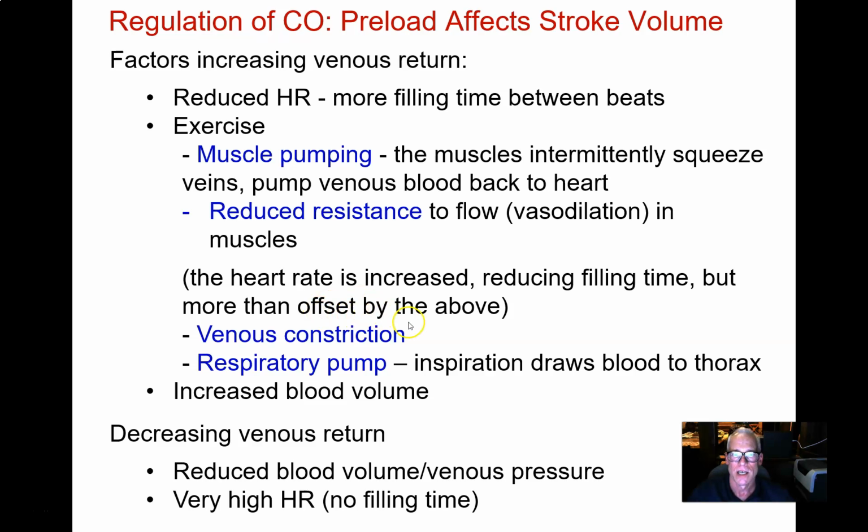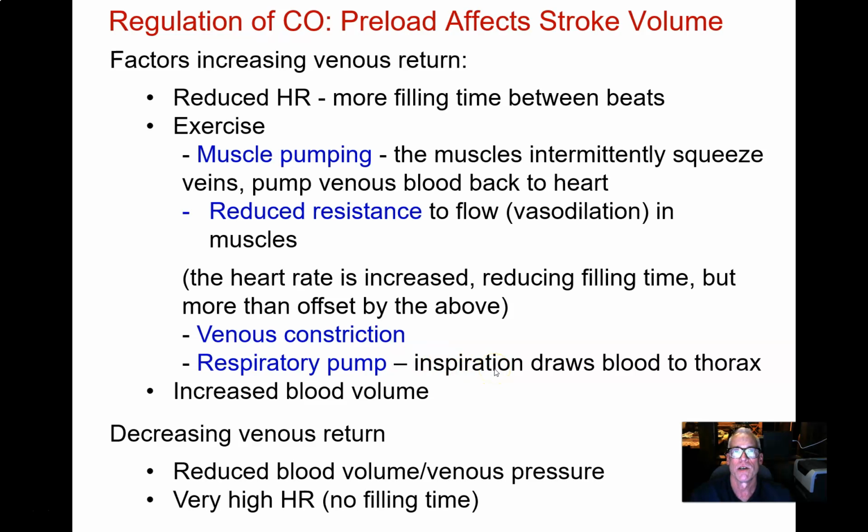So during exercise, the sympathetic nervous system turns on and causes vasoconstriction, as you know. And when it happens in the veins, it takes that huge volume of blood and starts pushing it back towards the heart because there's not as much room. We contract that smooth muscle. That is a huge increase in venous return and therefore cardiac output, because stroke volume is going to jump right up. Frank Starling law.